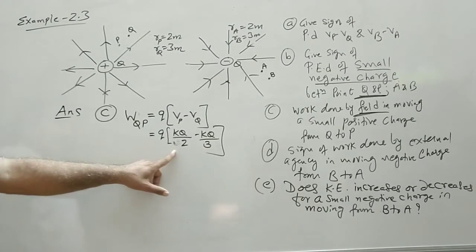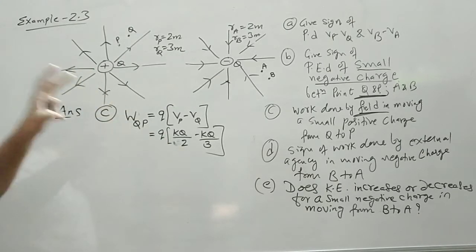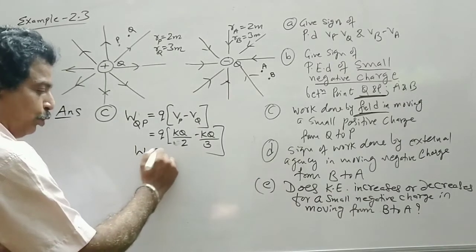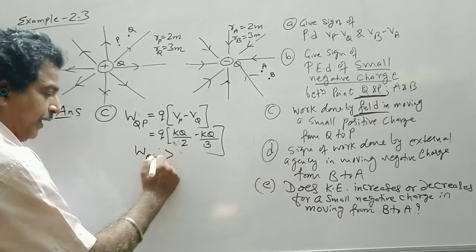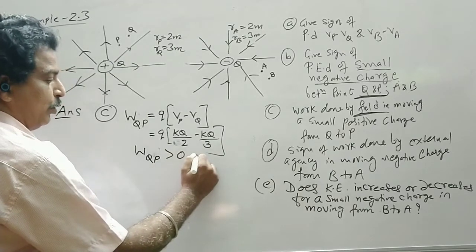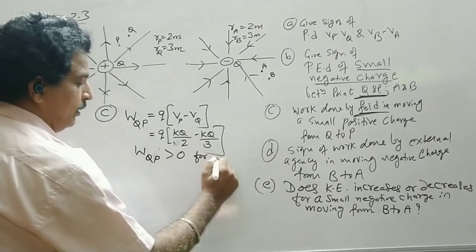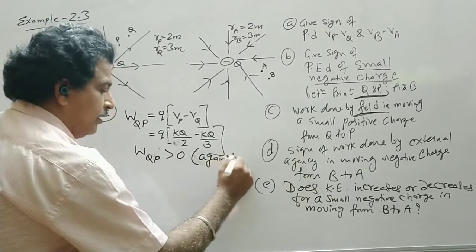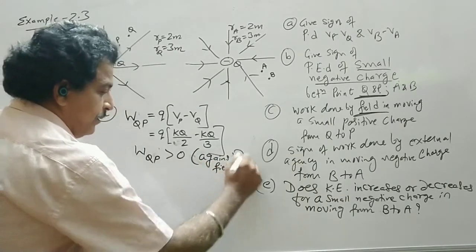Clearly, this value is greater than 0. This is work done Q to P is greater than 0 for this. This is the formula for against the field.